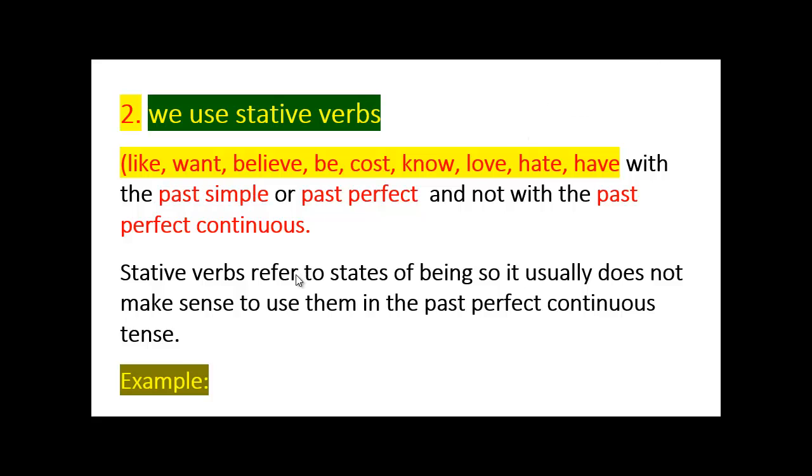Stative verbs refer to states of being, so it usually does not make sense to use them in the past perfect continuous. We're not describing an action; this is describing a state of a person. So we'd rather use the past simple and the past perfect.